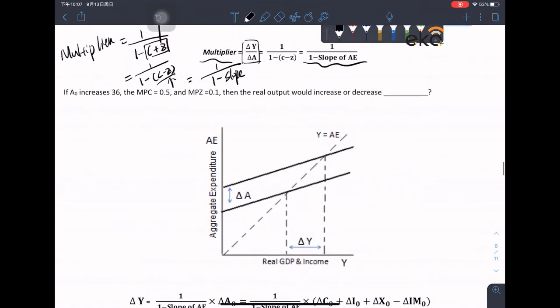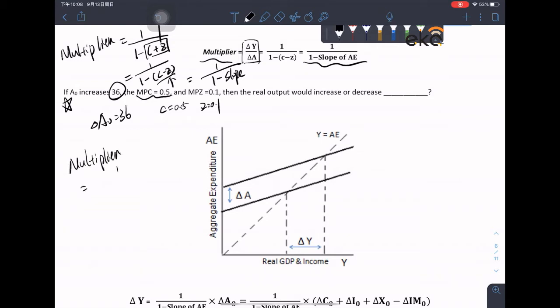Here, look at this example. If A0 increases by 36, so delta A0 equals 36, MPC small c equals 0.5, MPZ, Z, is 0.1, then the real output would increase or decrease by how much? So first, let's calculate the multiplier. It equals 1 over 1 minus (C plus Z), which is 1 over 1 minus (0.5 plus 0.1), which is 1 over 0.6, okay?